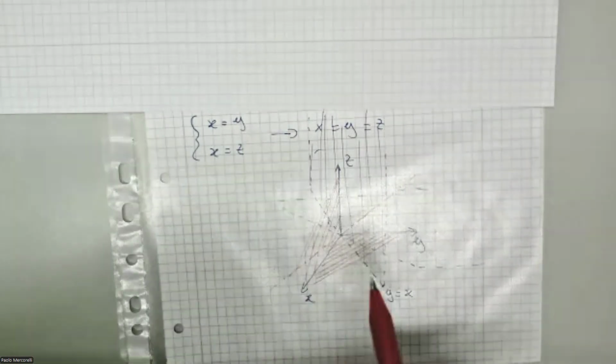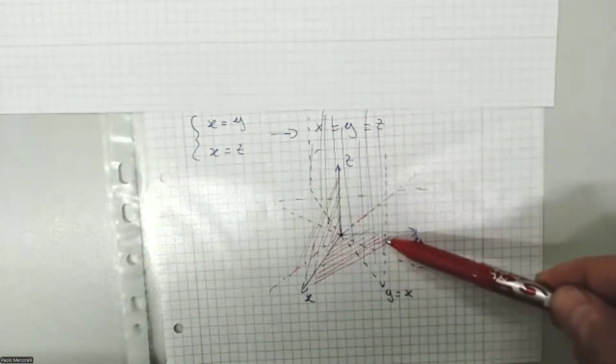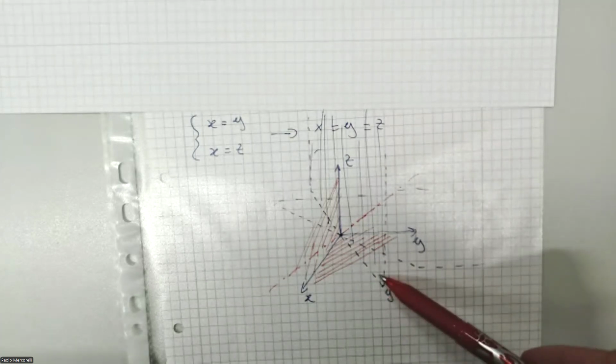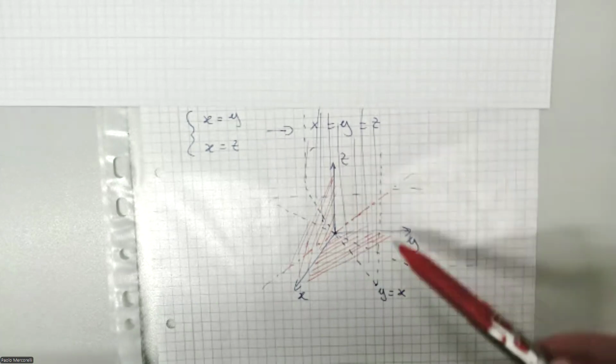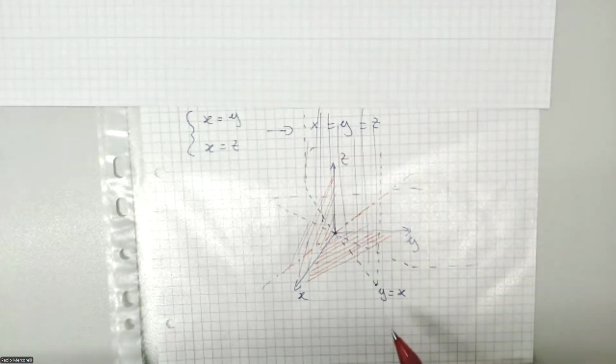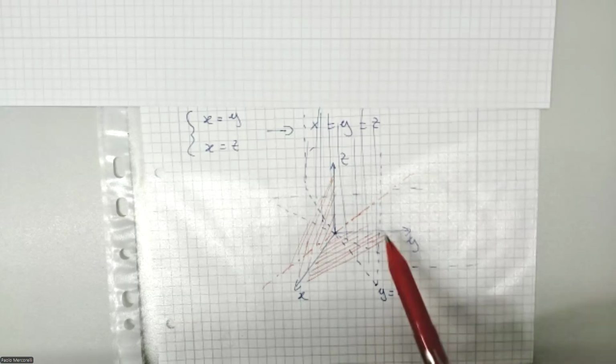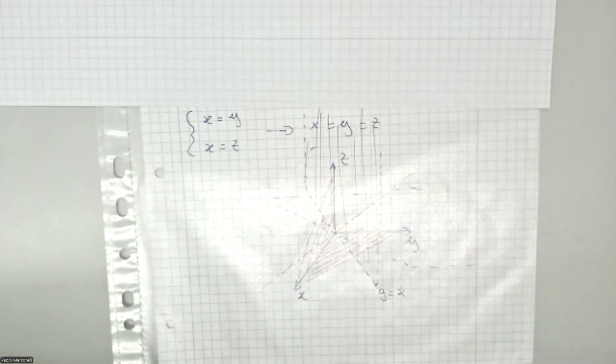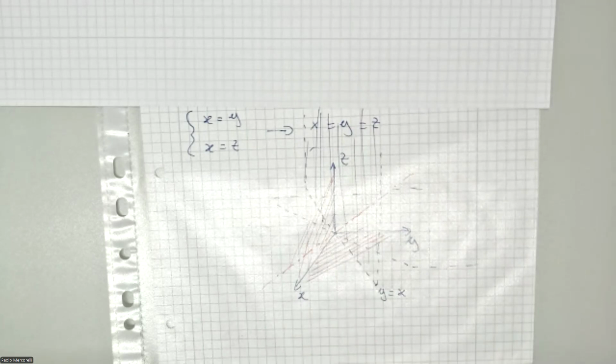In fact, if Z is not specified, all points which belong to the plane, which you can see here characterized by, let me say, the intersection with the plane XY, belong to the set, because the set here is not specified.